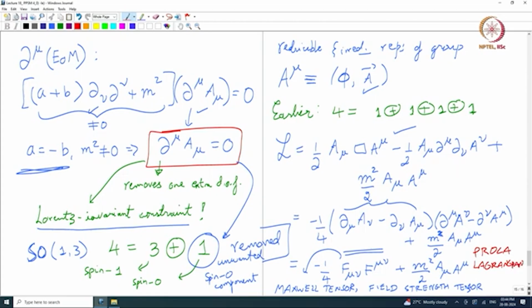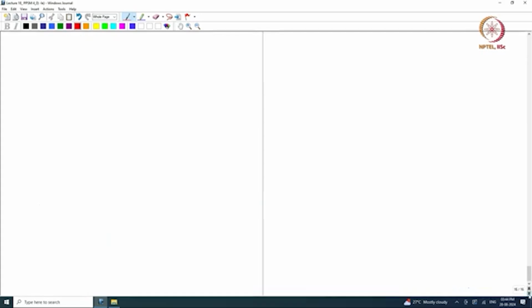For a massive spin 1 field, the Lagrangian that gives you the correct degrees of freedom is called the Proca Lagrangian. That gives rise to the equation of motion also, which is called the Proca equation.